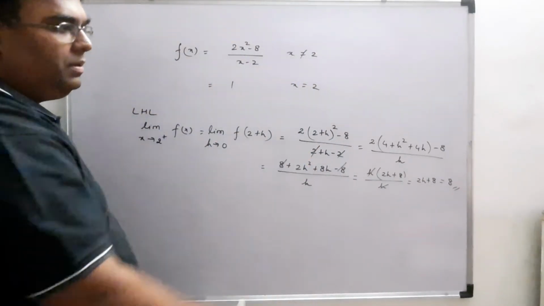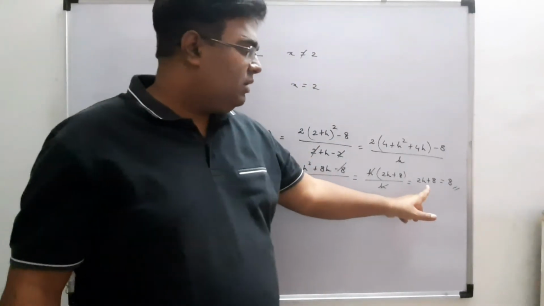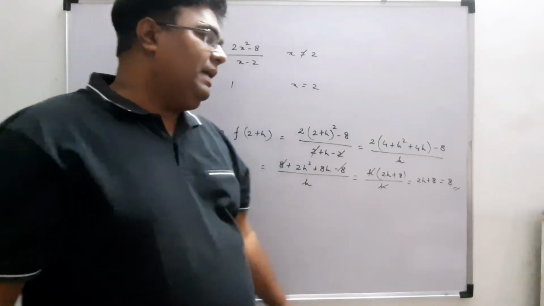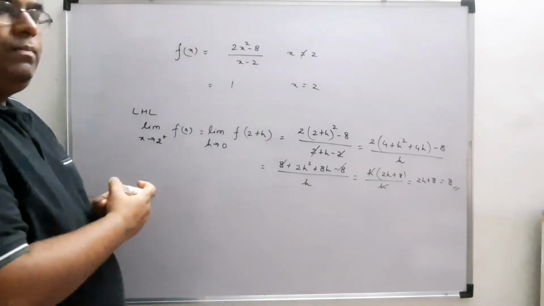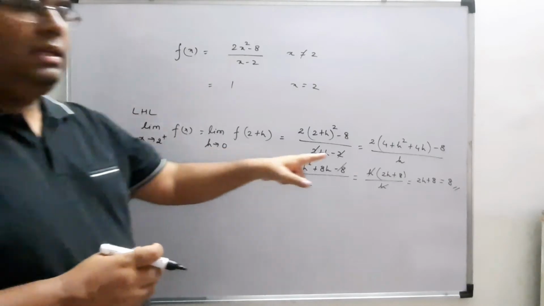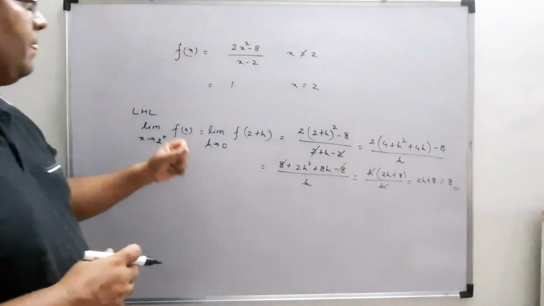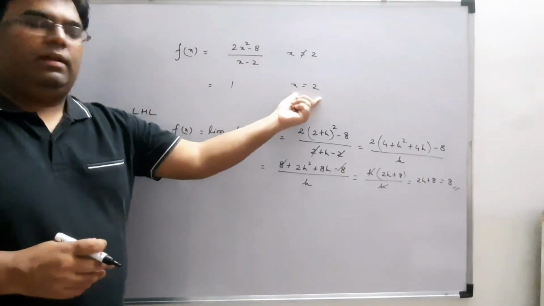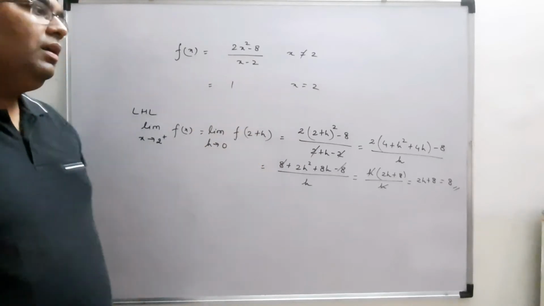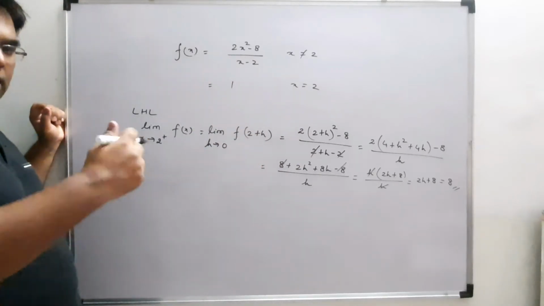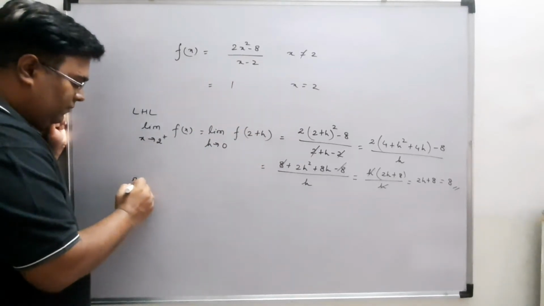So in the last step, when we cannot do anything to h, what we will do? We will replace it by 0. So we get the value 8. So my LHL is 8 and my f(a) is 1. So definitely it is not continuous, but let us check whether RHL is also 8 or not.